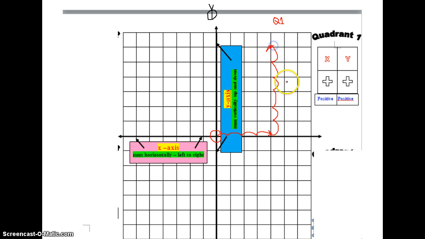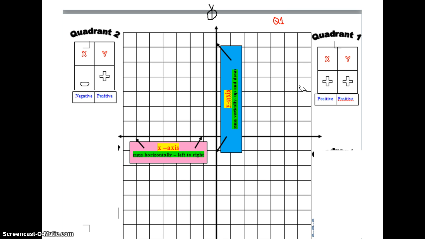And that's going to happen no matter what point I plot on this coordinate plane. That will always happen. And then if we move counterclockwise, where's quadrant 2? Top left. So here's quadrant 2.